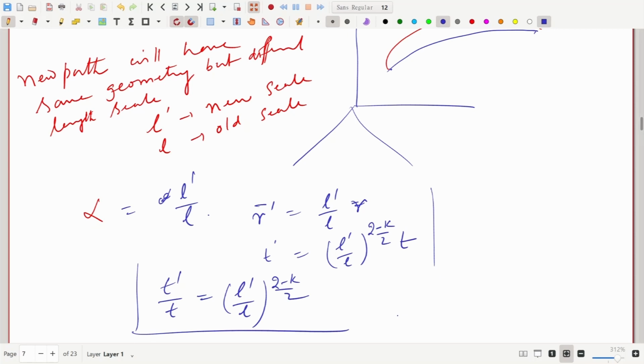So, under scaling, having two length scales, L prime the new length scale and L the old length scale, the time ratio t prime by t will be (L prime by L) to the power (2 minus k) by 2, for a system where the potential energy is a homogeneous function of generalized coordinates of degree k. Now, how powerful is this information? That we will check.